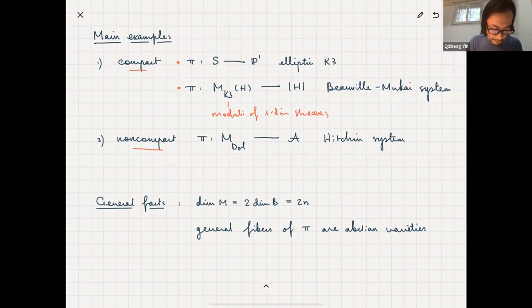Then there's the non-compact example, and the most famous one is the so-called Hitchin system.